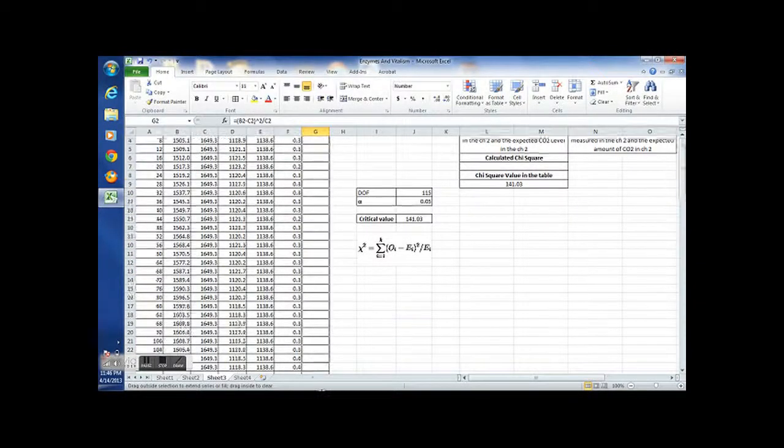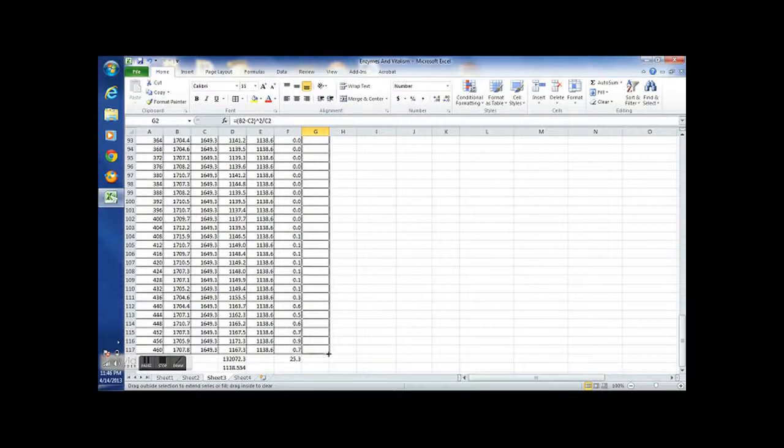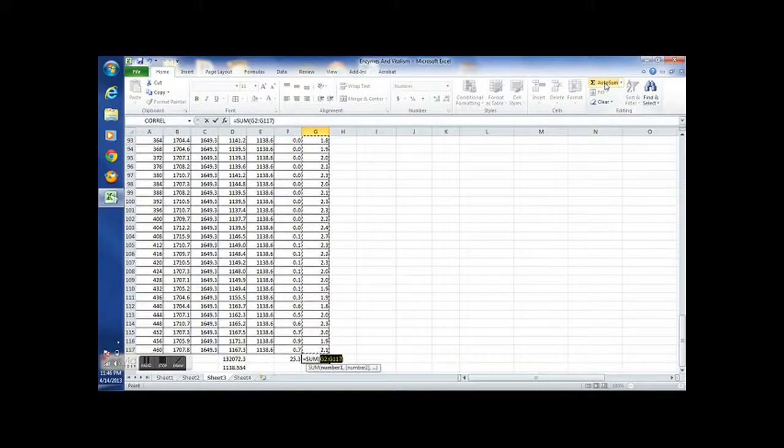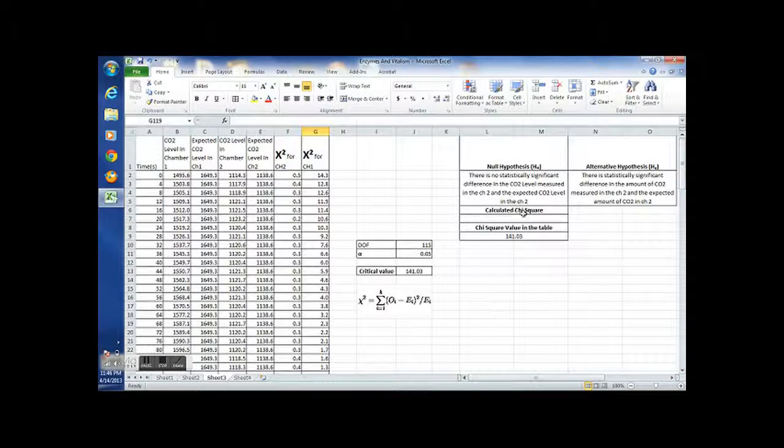Drag it down to apply the formula for each cell, and then the summation of these numbers is the chi-square number for me. That's 239.4, which is way higher than, almost twice, the critical value in the table.